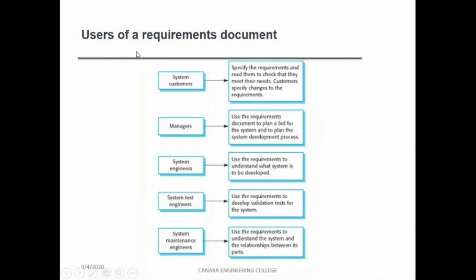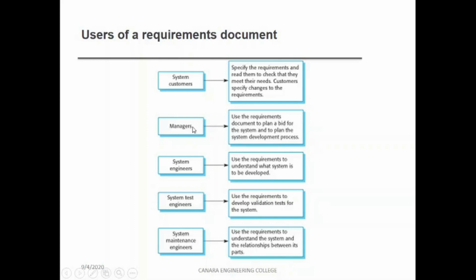You can see some of the users of the requirements document: system customers, managers, system engineers, system test engineers, system maintenance engineers. System customers specify requirements and read them to check that they meet their needs. Customers also specify changes to the requirements. The manager uses the requirements document to plan a bid for the system and to plan the system development process.